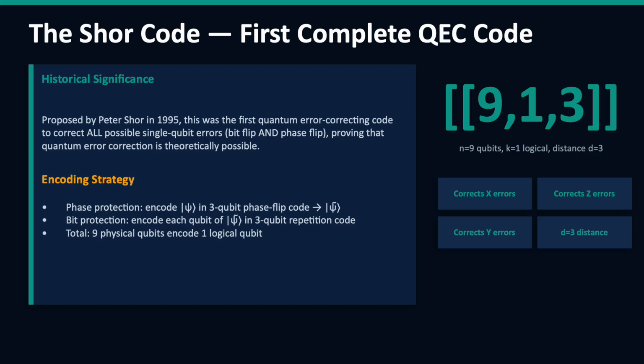Shor's code demolished that pessimism by providing an explicit, concrete construction that could correct any possible error on a single qubit.